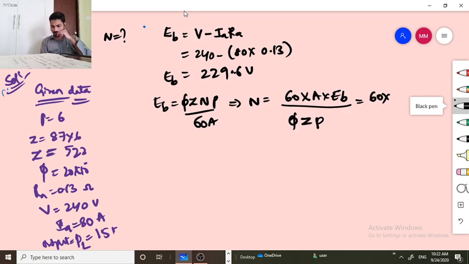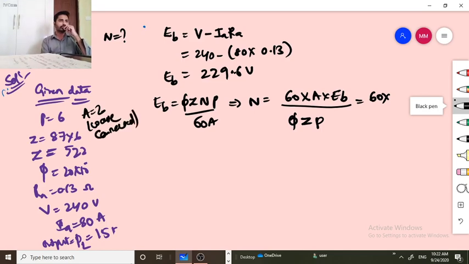A is not directly mentioned in the problem, but it is wave connected, so the number of parallel paths is equal to 2.